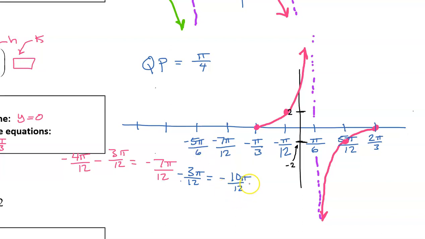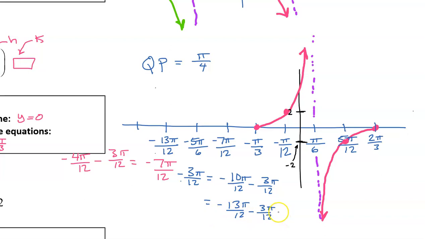Okay, great. Let's subtract another 3 pi over 12. Well, that's going to give me negative 13 pi over 12. So I've got negative 13 pi over 12. And finally, I need to subtract one more quarter period.